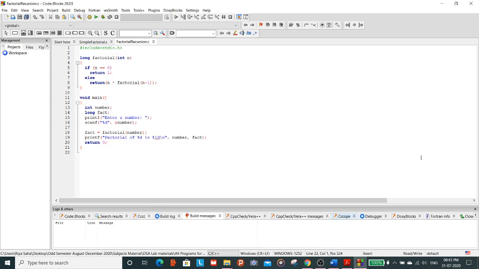The second practical of data structure and algorithm by using C is to find factorial number by using recursion. Okay. So before going to explain the program, what is recursion?